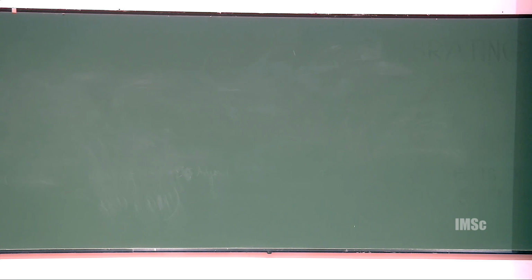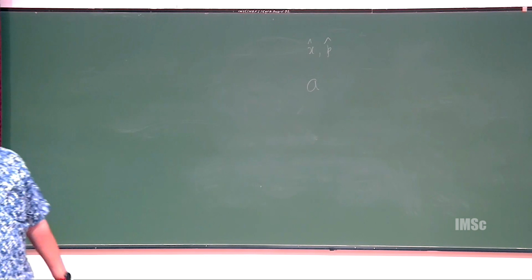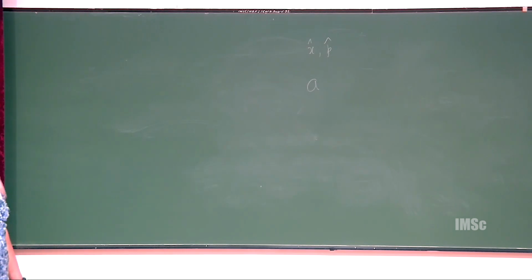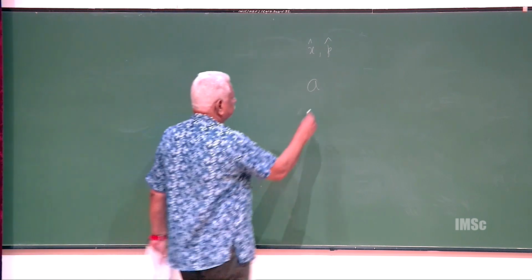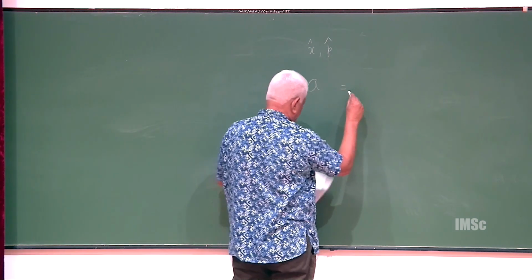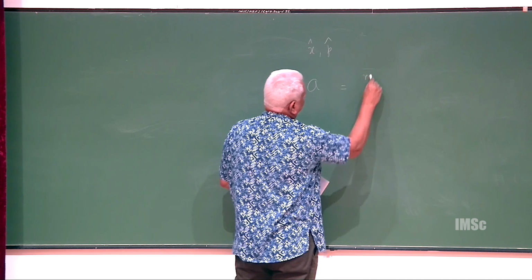Okay. I am going to define an operator instead of x hat and p hat. I am going to define an operator A. This is not a Hermitian operator. X hat is a Hermitian operator. P hat is a Hermitian operator. But this is not a Hermitian operator. And our operator I define, to make life simple, I will do some tricks later.